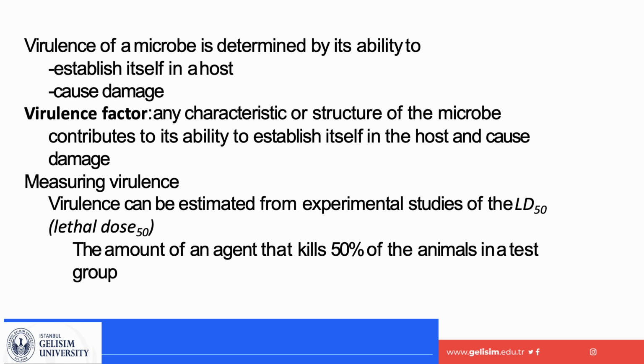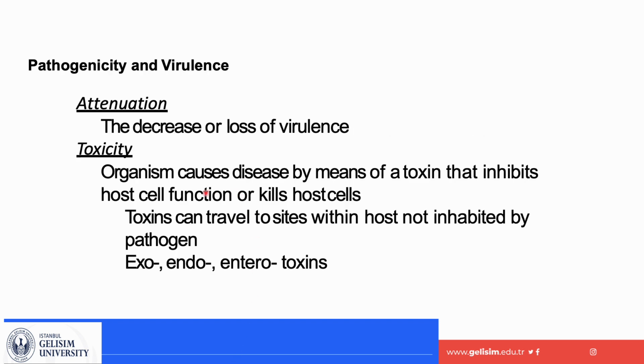Virulence can be estimated through experimental studies of the LD50, the lethal dose 50, which is the amount of an agent that kills 50% of animals in a test group. Attenuation refers to the decrease or loss of virulence of a microbe.